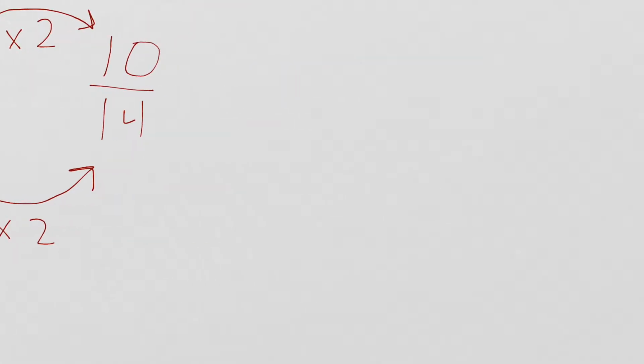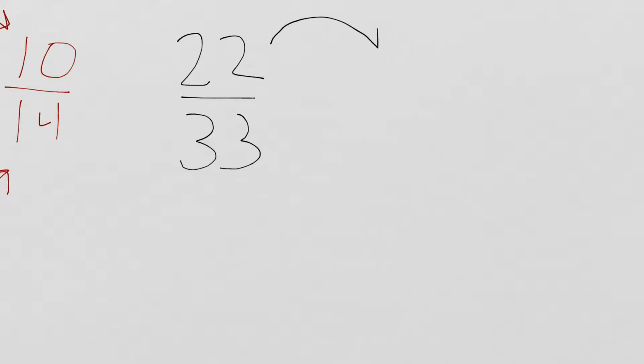Let's say instead of 5/7, we now have, let's go with 22/33, something bigger. Well, if we once again multiply our numerator and denominator by the same factor, let's go with 3 this time. 22 times 3 gives us 66.